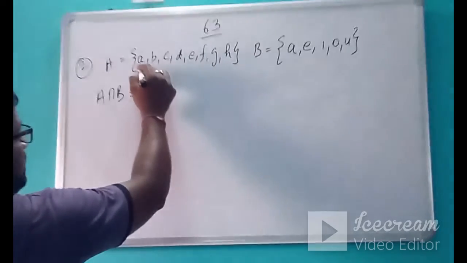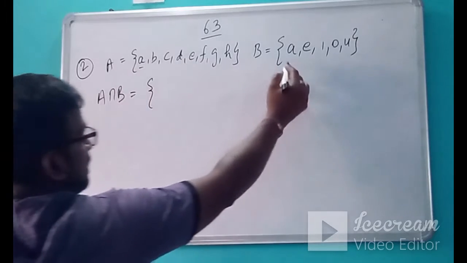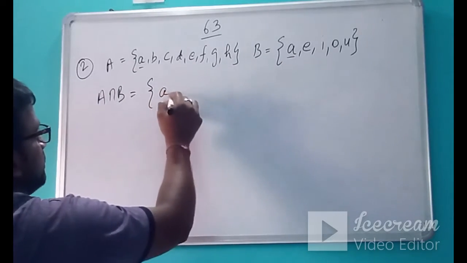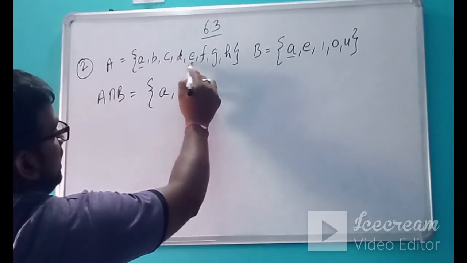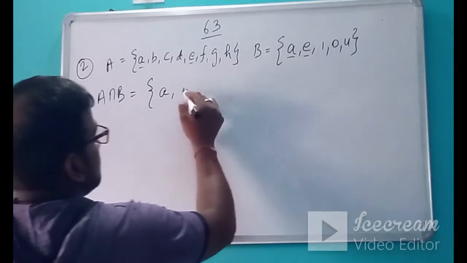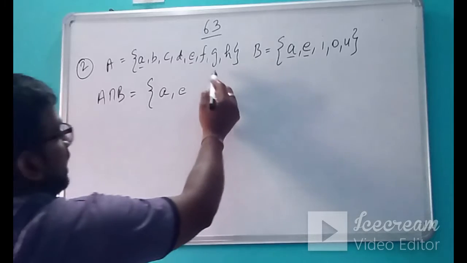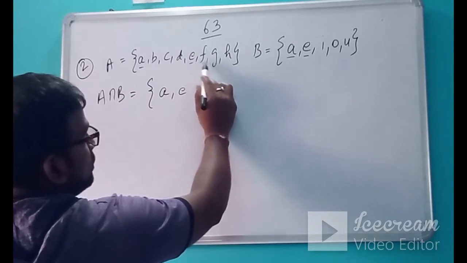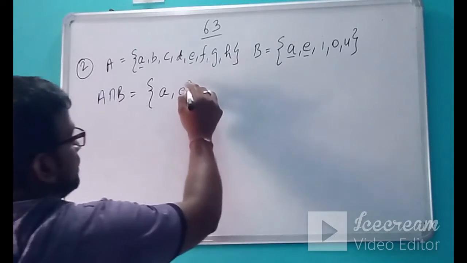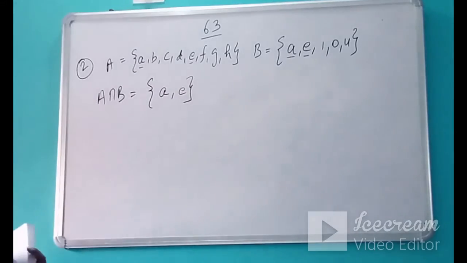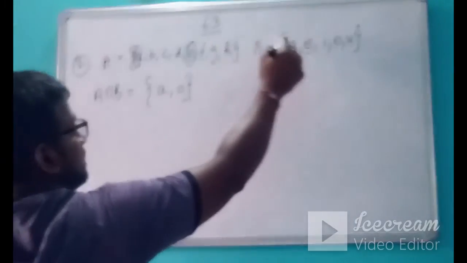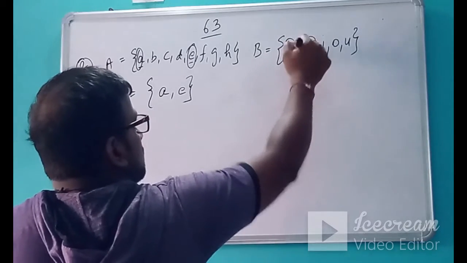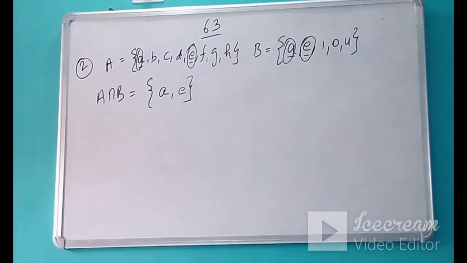See the common elements I am underlining. This is a, one a is there, so a. Then no b is there, then no c is there, then e is there and e is there, so e. There is no other common element in both the sets, so this will be your A intersection B. So I have taken only the common elements in both the sets. No other element you will consider other than the common elements.